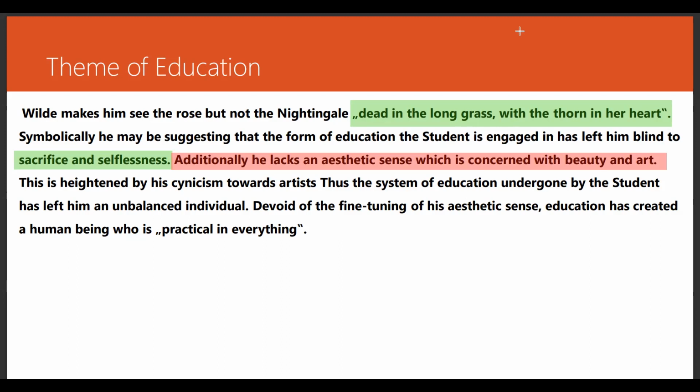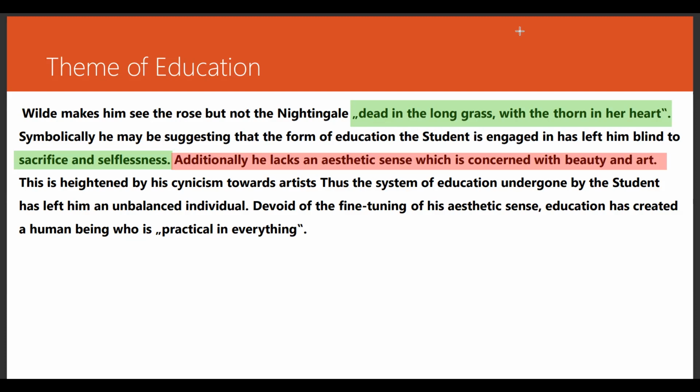They were not given the freedom to think independently, to think out of the box. That chance was not given to them. This is what we have to discuss and pay attention to when it comes to the theme of education.